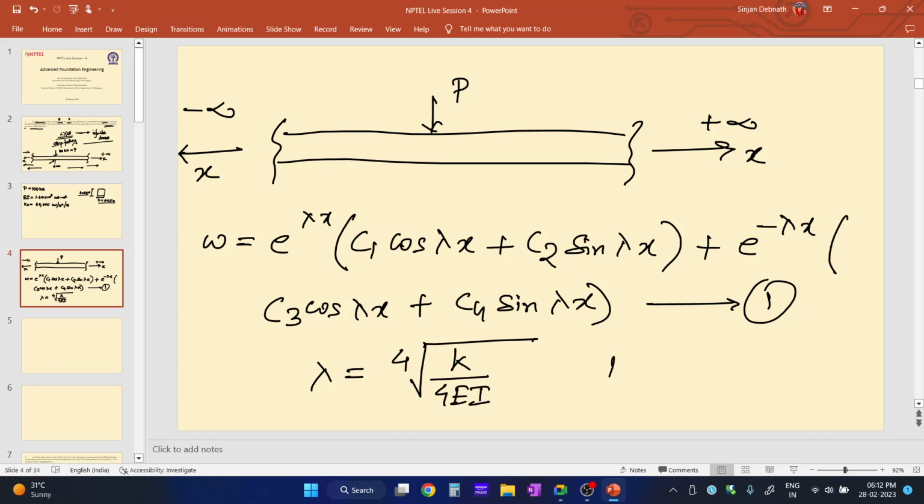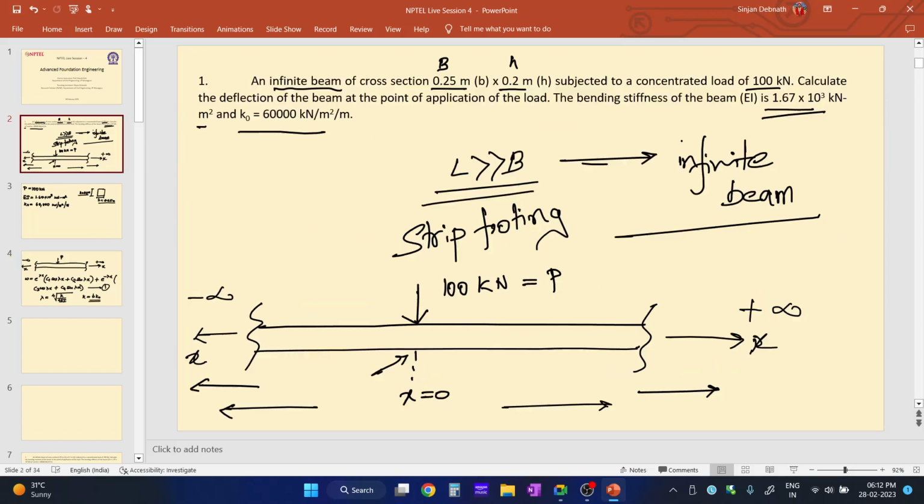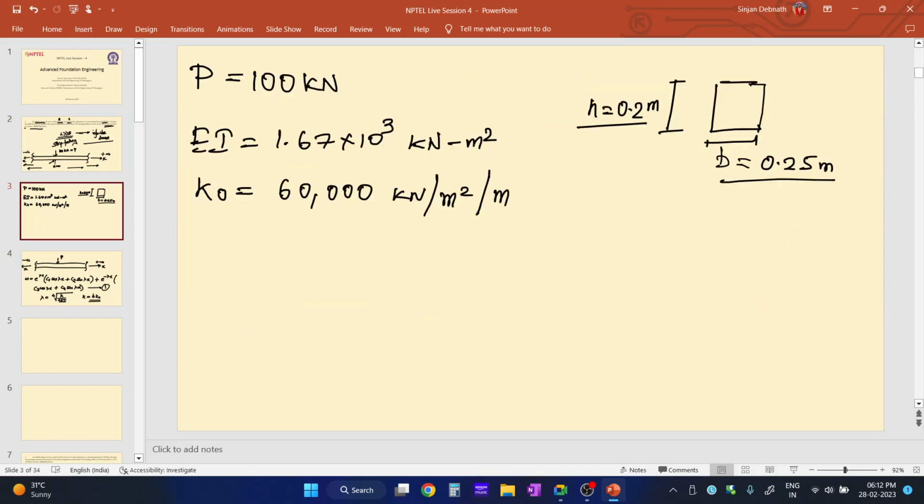This k, what is k? K is equal to the width of the beam into the subgrade modulus of the spring. Actually, this is c. What is k0? K0 is the subgrade modulus of the soil underneath.